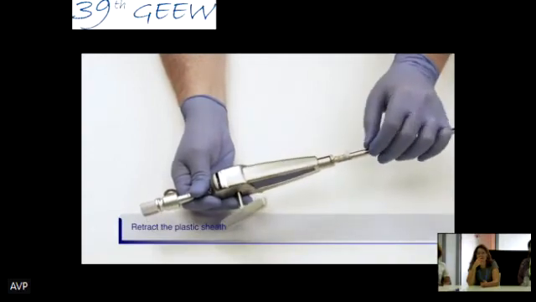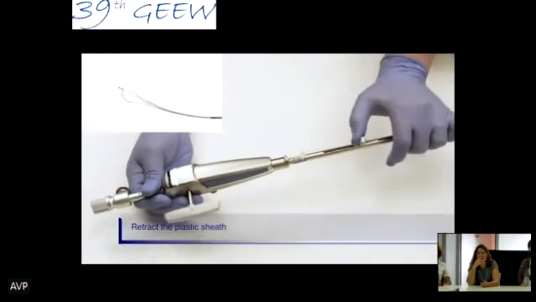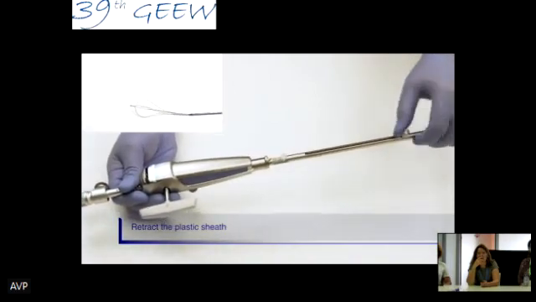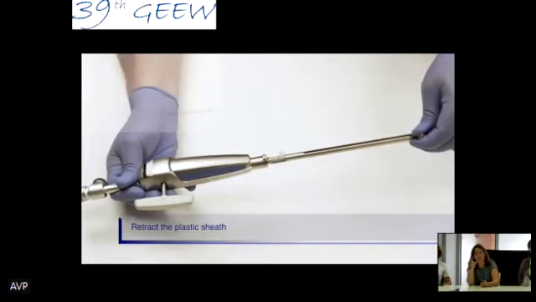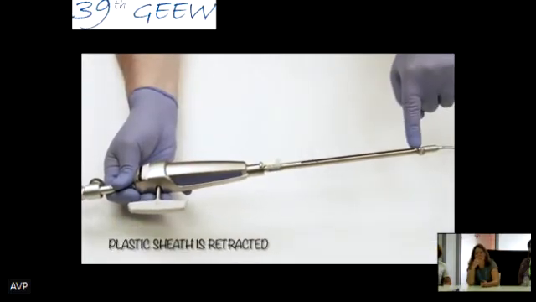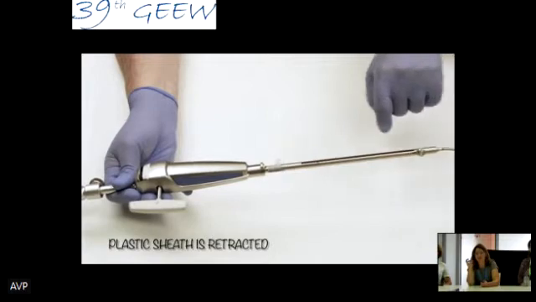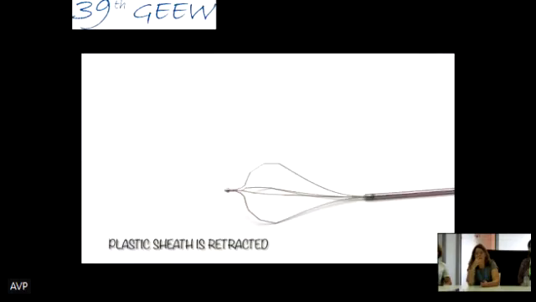When you have your stone, then you're going to retract the plastic sheath by keeping your basket open. So it's metal to metal. The arms of the basket and the metal sheath are in contact.